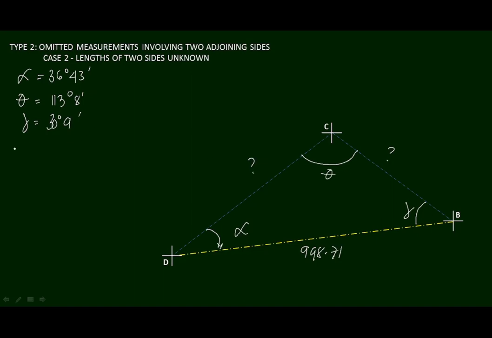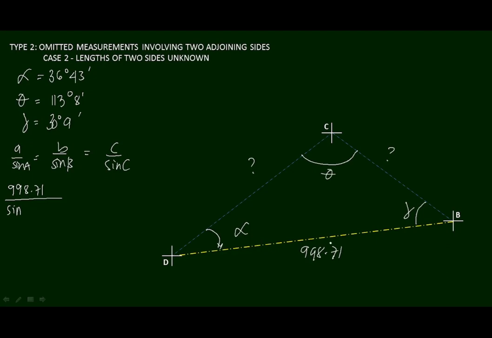Again, I'm going to use my sine law. That is A over sine of A is equal to B over sine of B is equal to C over sine of C. So, kaya na mamili kung alin dyan si A, B, and C. So, in my case, I'm going to choose my A as 998.71 over sine.